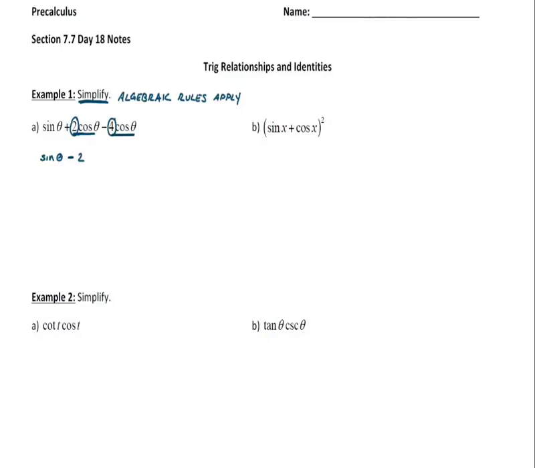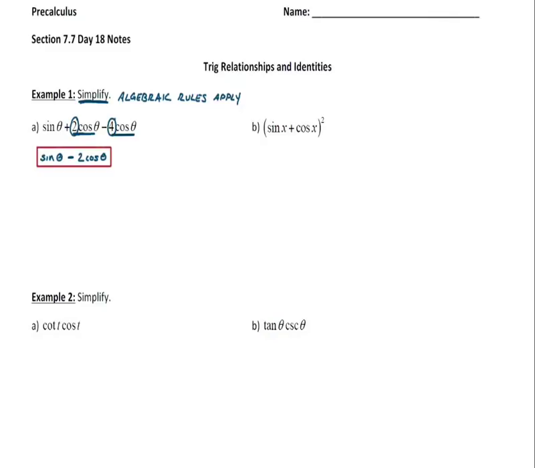And then 2 cosine of theta minus 4 cosine of theta would give me negative 2 cosine of theta. So in terms of simplifying that, that is the simplified version of that expression. Treat it just like we did with algebra with combining like terms, where cosine of theta is all together attached, and I'd just be looking for ways to make a combination of two terms there.